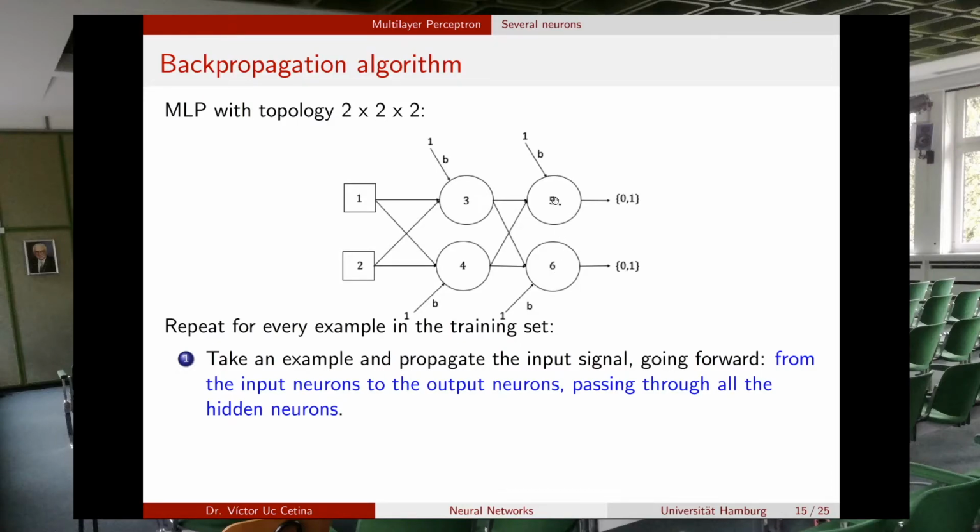And then we continue with neuron 5. Neuron 5 will get one input from neuron 3, one input from 4, and the bias, and the big sigma, the input, will be evaluated in this small sigma, which is the sigmoid, and then you will get a number between 0 and 1. Here I am representing this as a set, which could take values only 0 and 1.